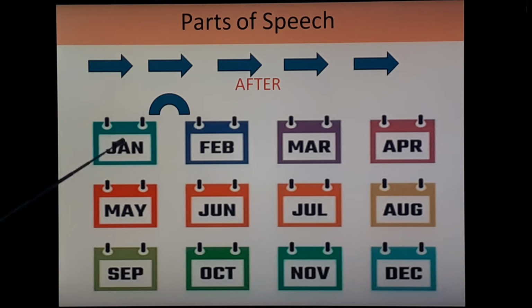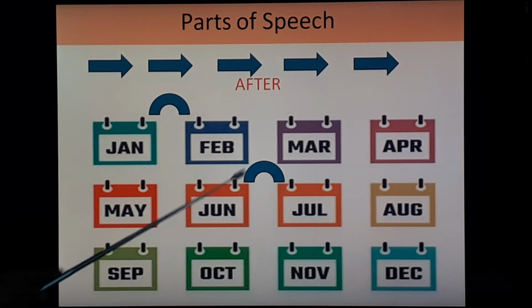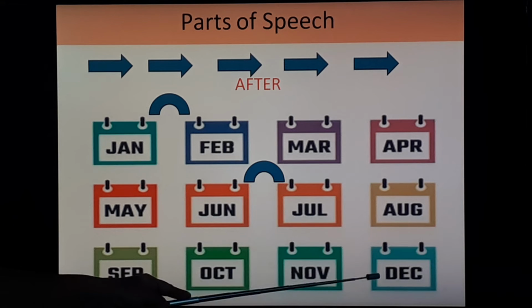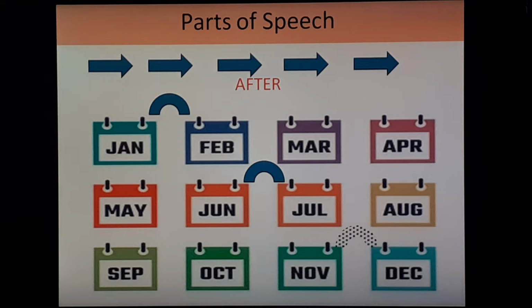So that is the meaning of after. Same way, what comes after June? July. Same way, what comes after November? Then December. Next. So that is the meaning of after. I hope you understood this meaning.